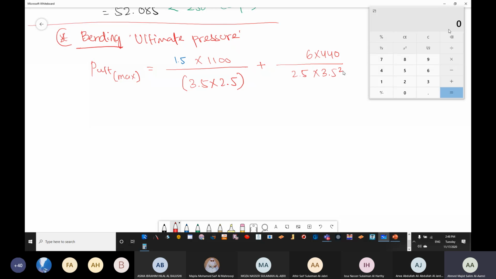Did they mention that this is live or dead? No, the load was not mentioned from the beginning. So once again, I'll be using the average. The average between 1.4 and 1.6 is 1.5.